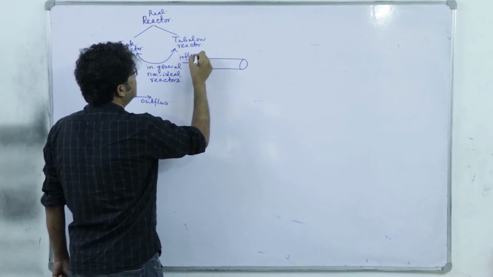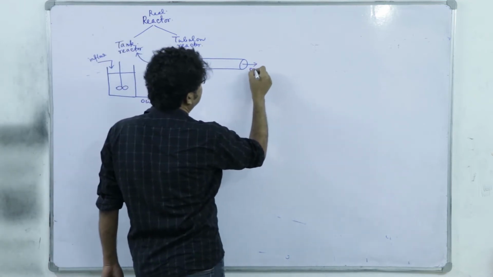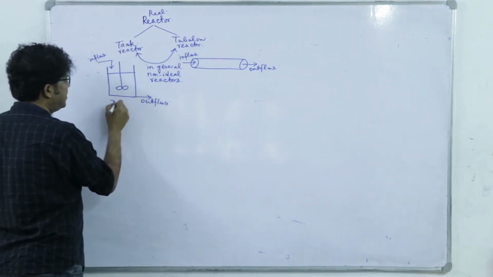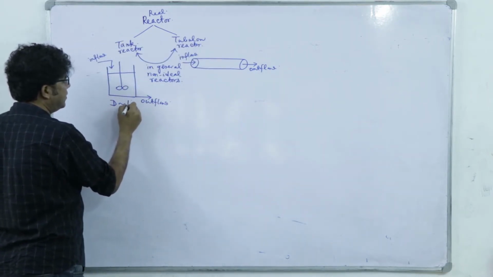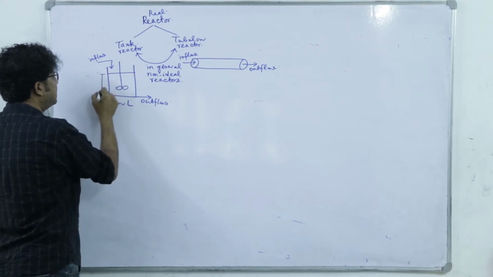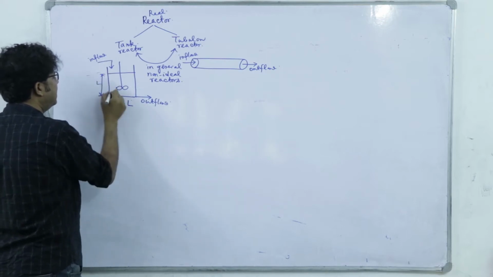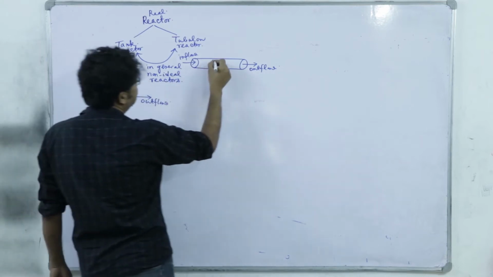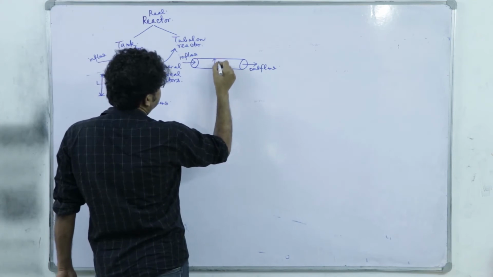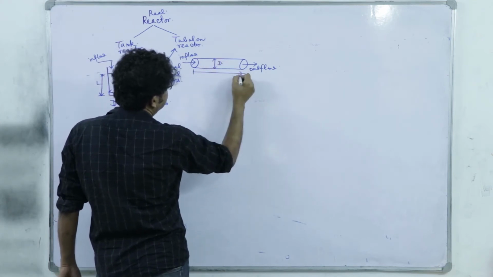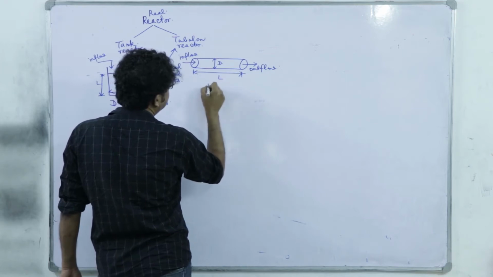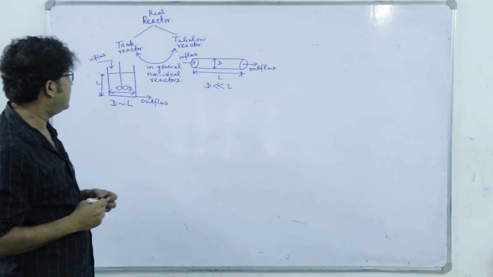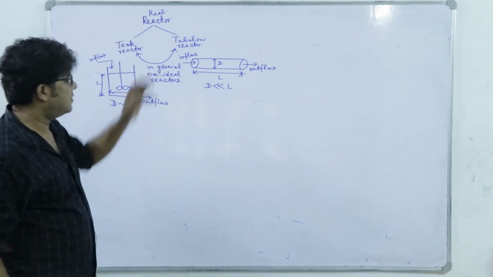This is inflow, this is outflow. Here the diameter is of the order of the height or length, right. So, let us call this L and this diameter. Whereas here, if this is the diameter and this is the length, D is much smaller than L. So, that is the physical characteristics we know about the tank reactor and the tubular reactor.